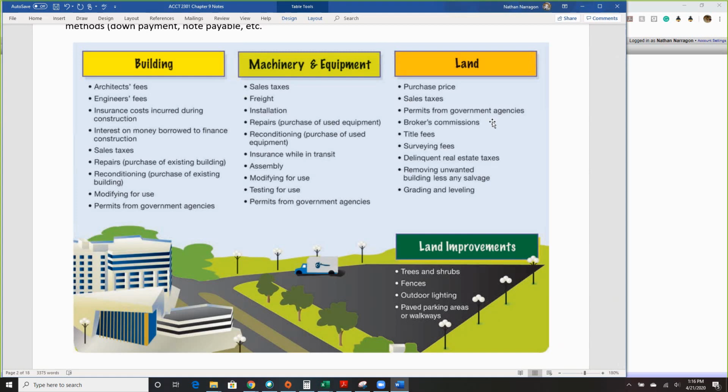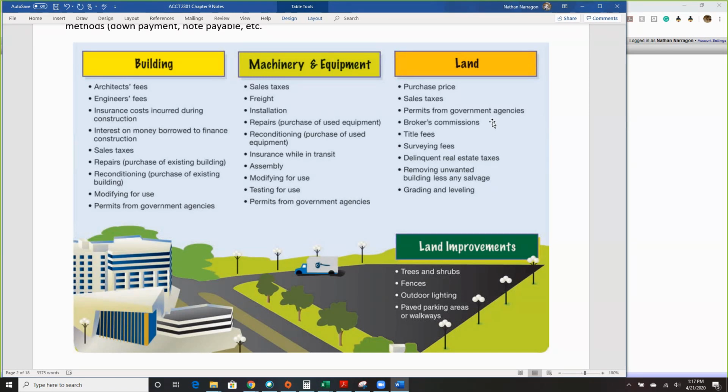Like with a building, yes, we bought the building, or we bought the materials that we're going to build with, but we also have to include probably architect fees, engineering fees, insurance during construction. Maybe we actually can capitalize interest on money borrowed, and sales tax. If it's an existing building, we have to repair it or recondition.